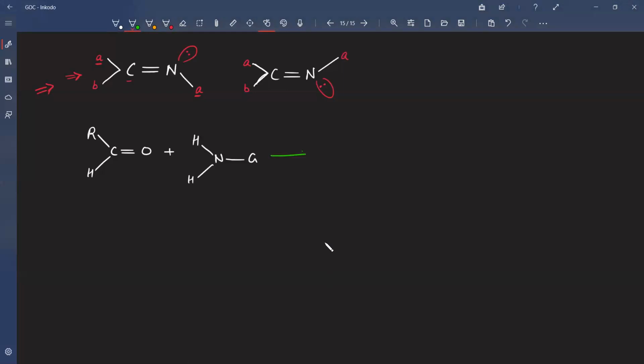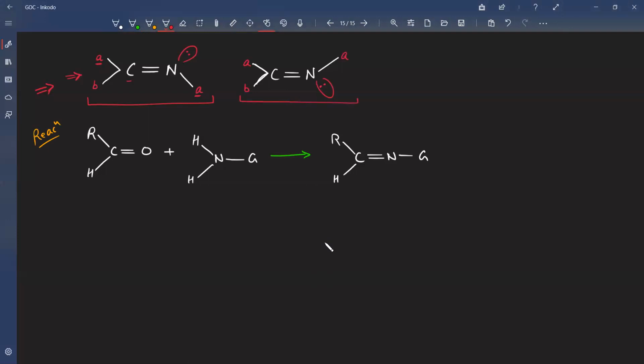In these reactions, you get R, C, H, double bond with nitrogen, and then that nitrogen is connected with the group. This is a very common, generic family of reactions. You just change the R and change the group, and you will have different compounds where there will be carbon double bond nitrogen.